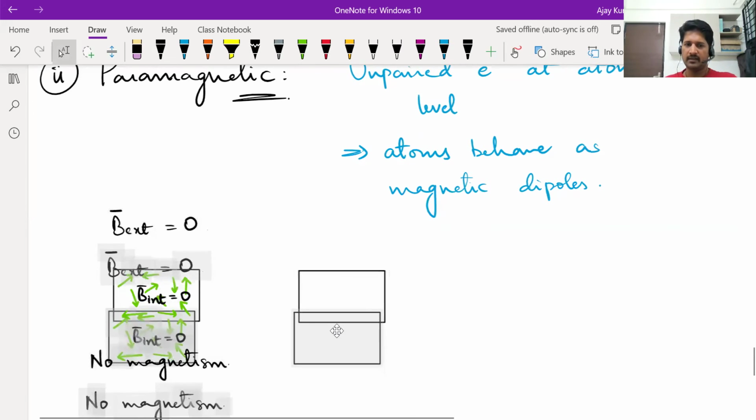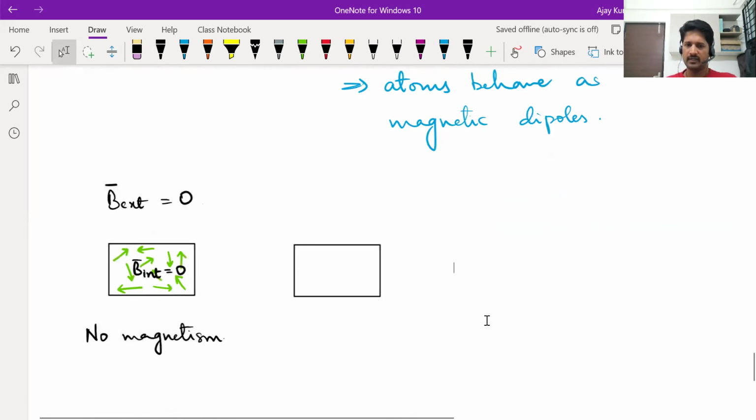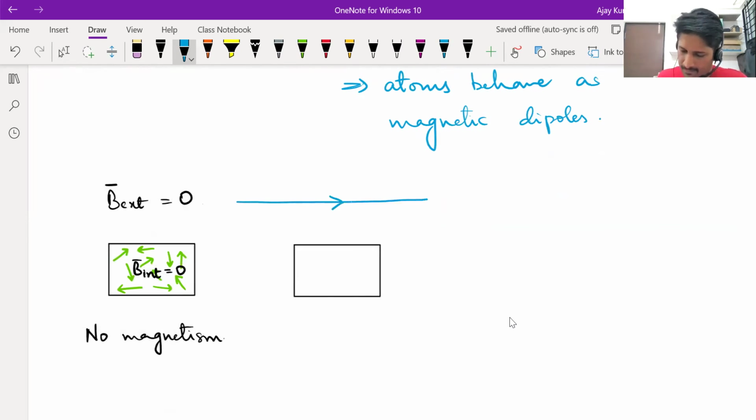In diamagnetic materials, when we switched on an external field to the right, what happened? An internal field was developed towards the left. The dipoles got aligned to the left.